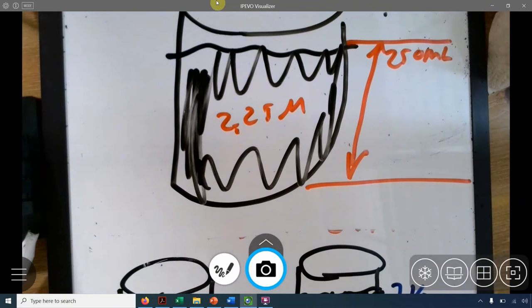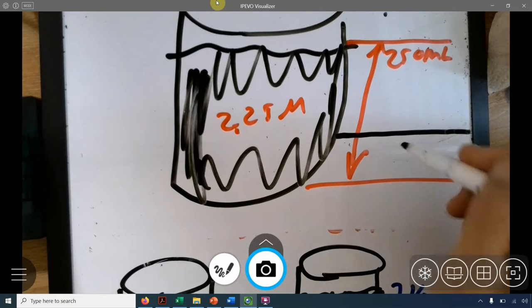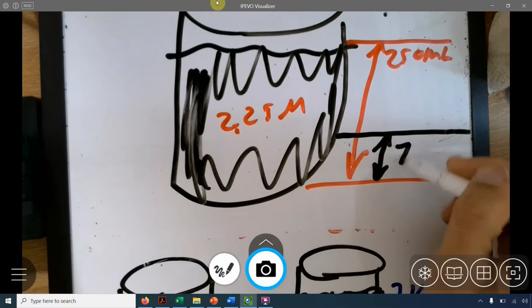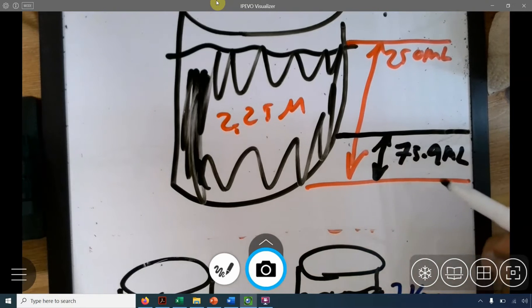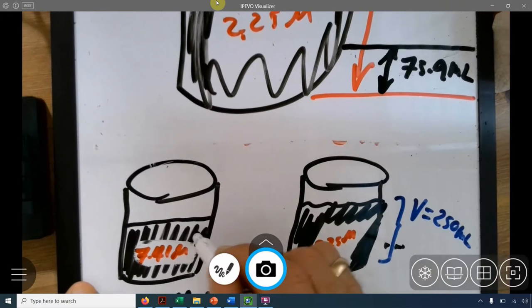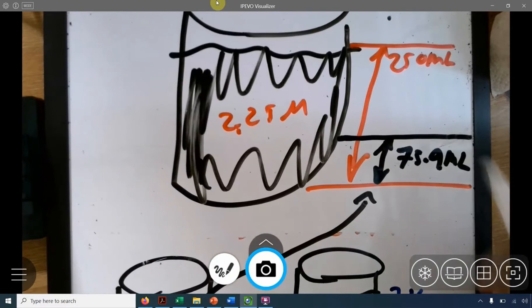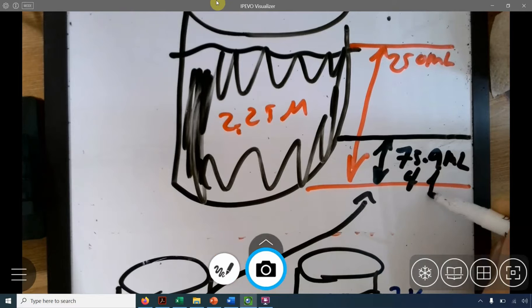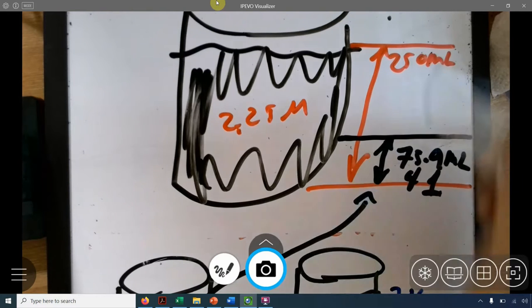And so that means that the first portion of it will be 75.9 milliliters of this solution. I need 75.9 milliliters of solution number one, and the rest should just be regular water.